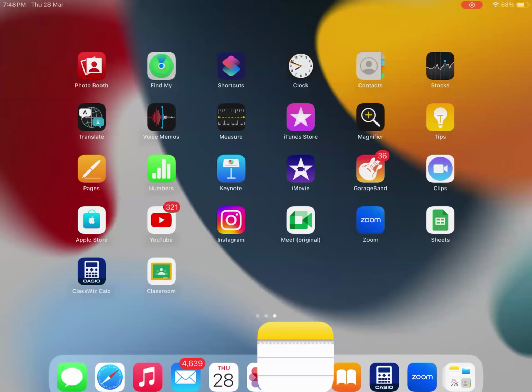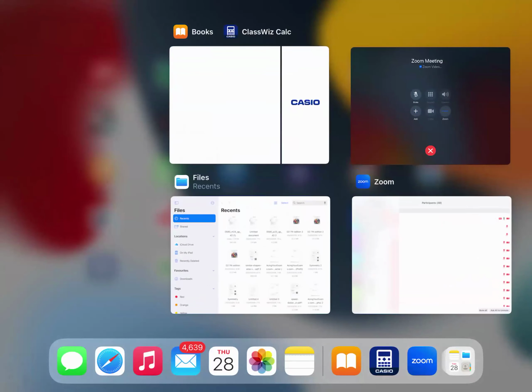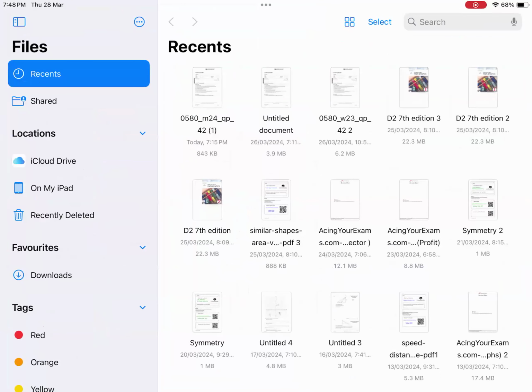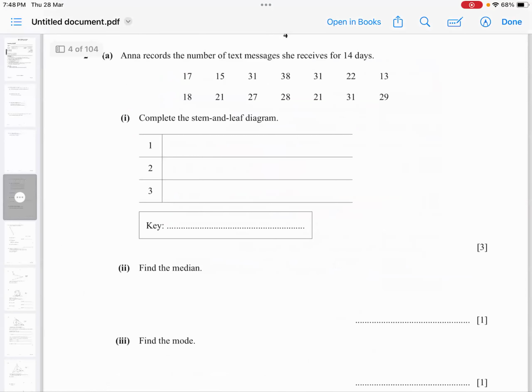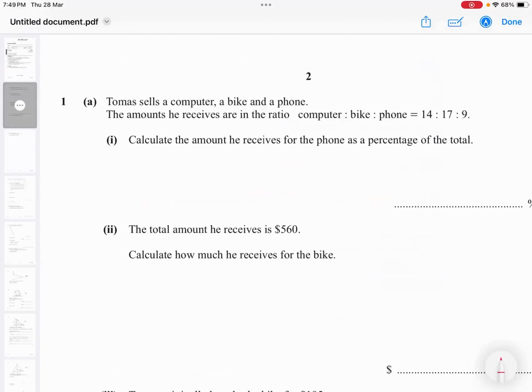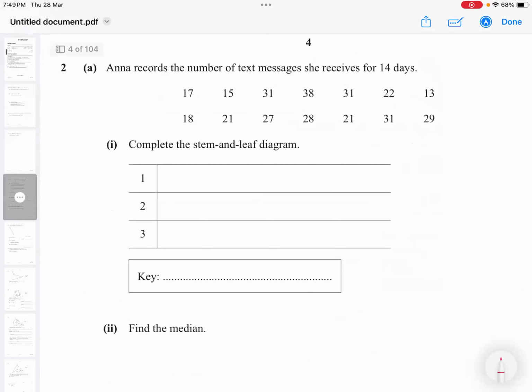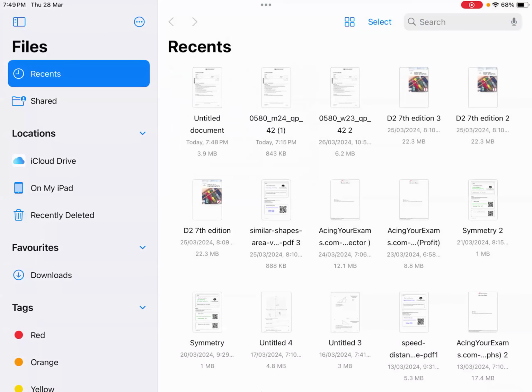Okay. So just give me a minute. Yesterday we started papers of 2023. Okay, let's see what we have in statistics. Oh, we got a stem and leaf diagram here. Anna records the number of text messages. Let me get that one which we practiced last night.